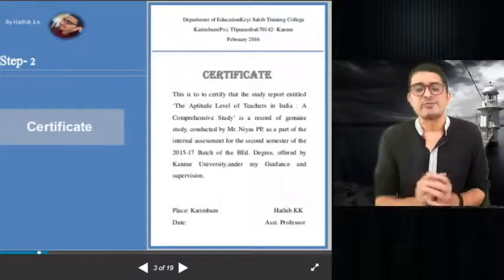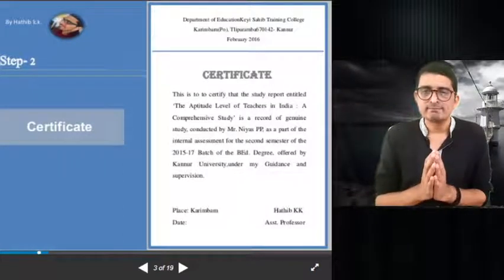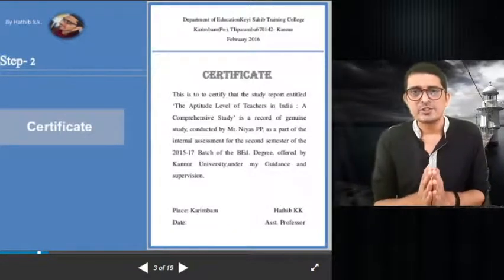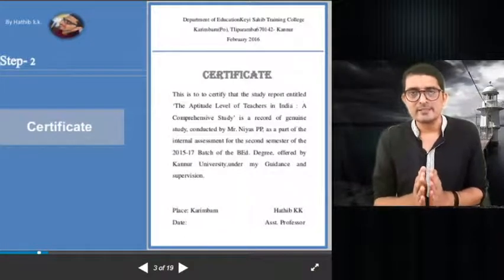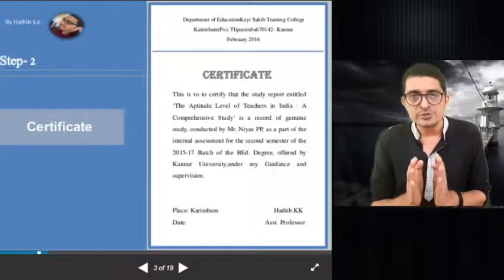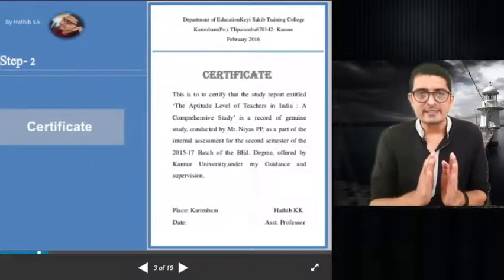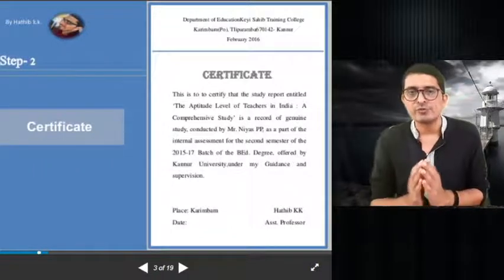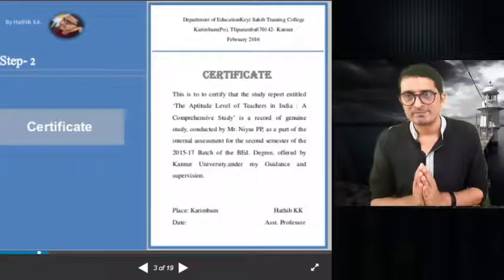The second step is the certificate. There may not be a certificate in all types of research. Sometimes it may be seen there. So here, this is to certify that the study report entitled The Aptitude Level of Teachers in India, a Comprehensive Study, is a record of genuine study conducted by Mr. Niaz PP as a part of the internal assessment for the second semester of the 2015-17 batch of the B.Ed degree offered by Kannur University under my guidance and supervision.